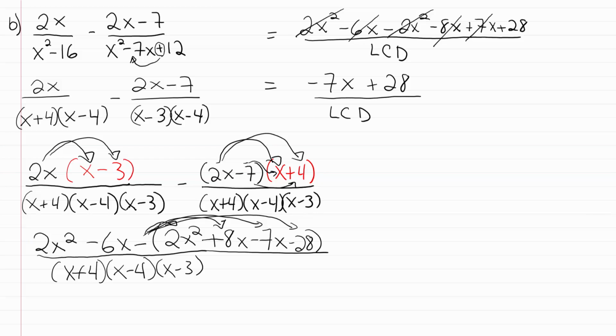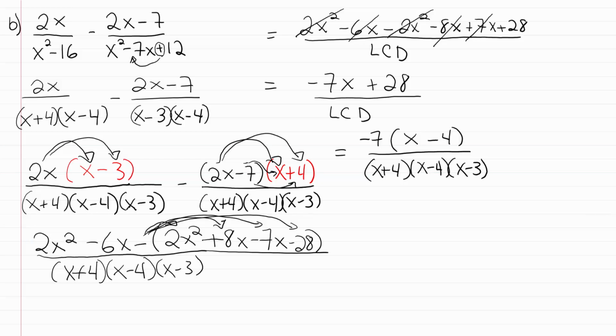All right, from here, I'm going to factor the numerator. It looks like I can take out a negative 7. So if I pull out a negative 7, I'll have negative 7 out in front. If you divide negative 7x by negative 7, you're just left with a positive x. If you divide 28 by -7, you end up with a -4. And then all that will be divided by our denominator, which is x plus 4 times x minus 4 times x minus 3.